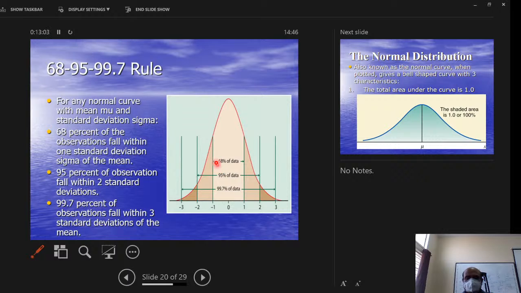So this area, plus or minus one standard deviation, covers 68% of the data. Two standard deviations cover 95% of the data, and three standard deviations cover 99.7% of the data. It is not 100% because, as I said, these edges don't meet down; they are continuous.